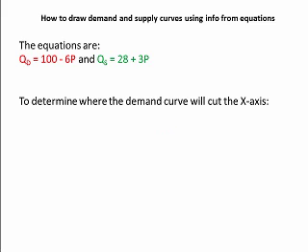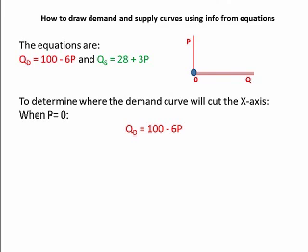To determine where the demand curve will cut the x-axis, that will be on the horizontal axis everywhere where prices are equal to 0. So assume the price is equal to 0 to find where the demand curve will cross the horizontal axis. The equation is the same.